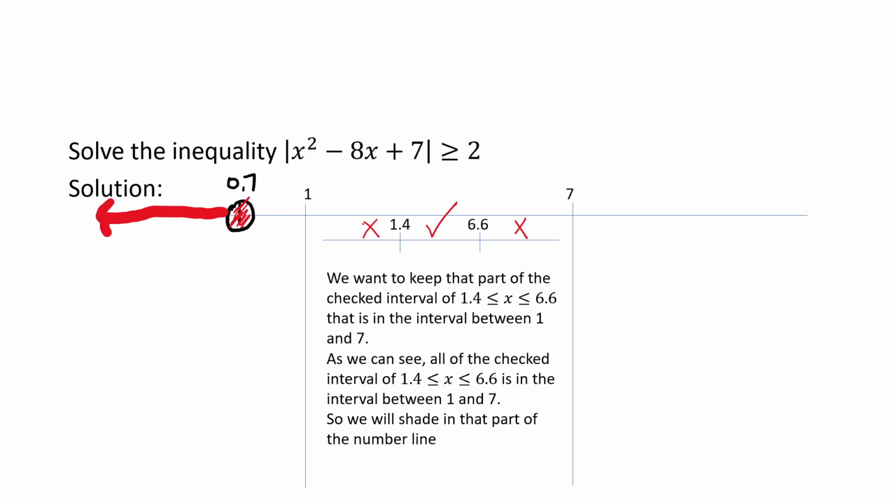Well, the entire interval between 1.4 and 6.6 is in fact in between our values of 1 and 7. So the valid interval that we got in this interval testing was valid within the interval it was in. That's kind of confusing, but we get to keep it all.